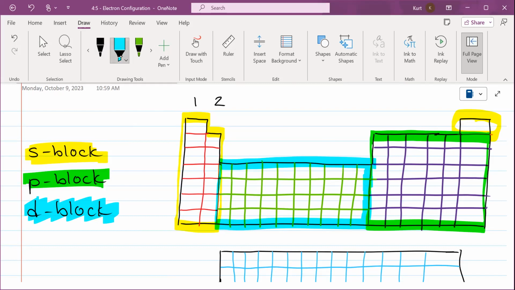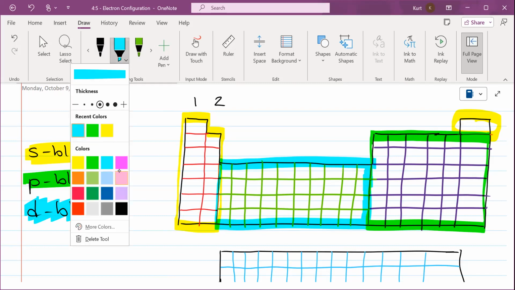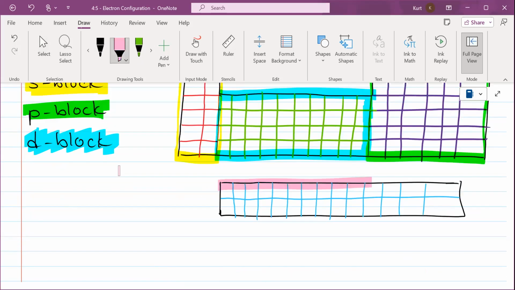And then finally, down here is the F block.